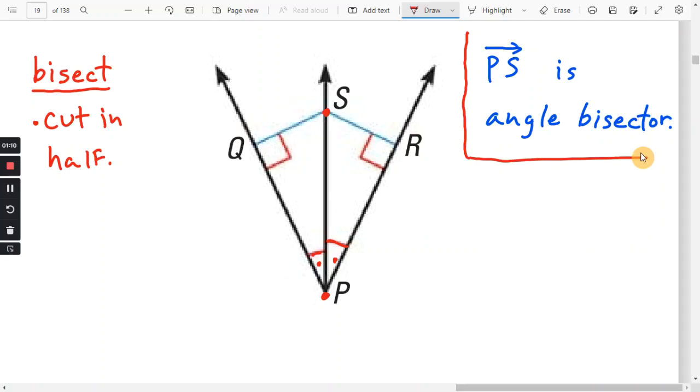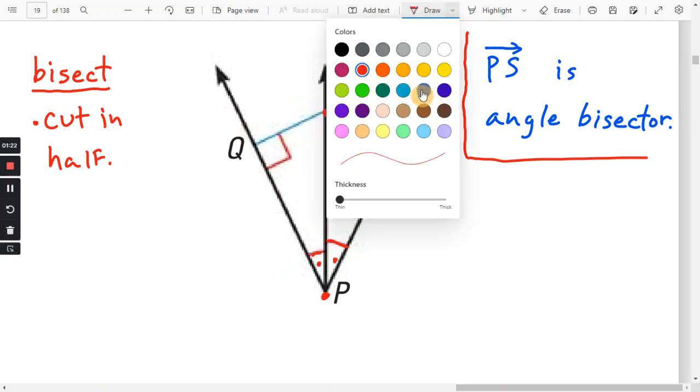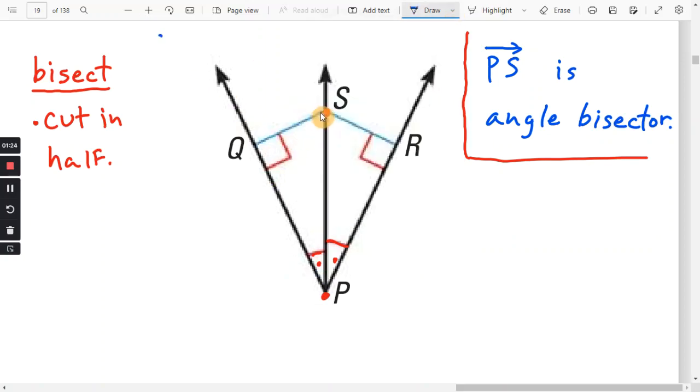And remember, when you do the distance from a point to a line, so if you want to go from point S to this ray right here, it has to be perpendicular. So this piece right here, this line segment in blue, you see it makes a right angle right here. It's perpendicular.